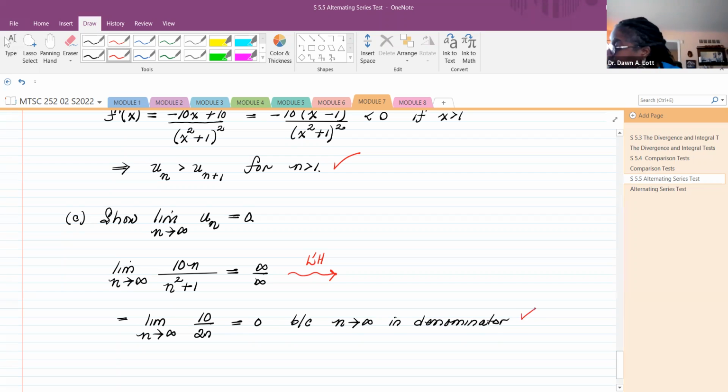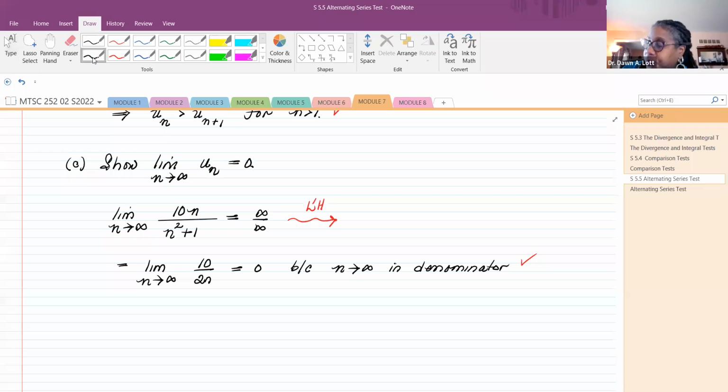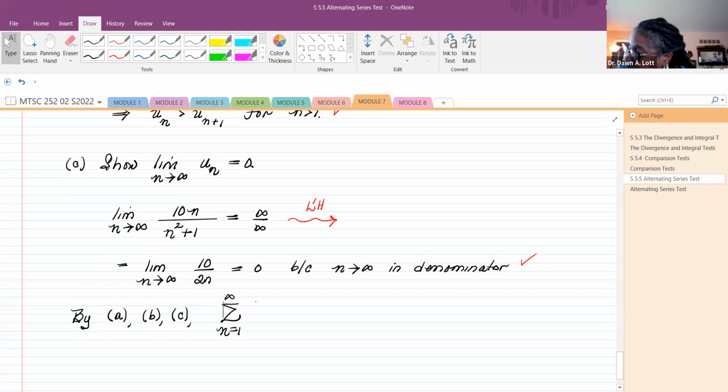I think we've shown all three. So by A, B, and C, the summation from n equals 1 to infinity of 10n divided by n squared plus 1 converges by the alternating series test.